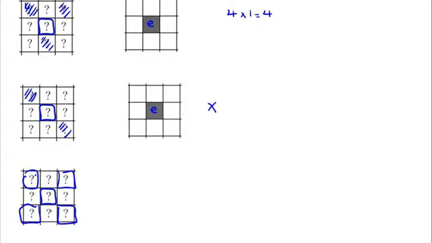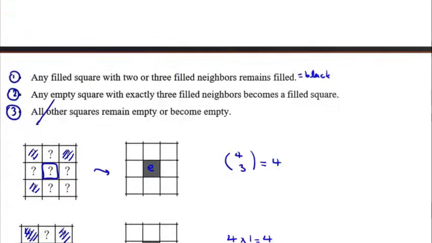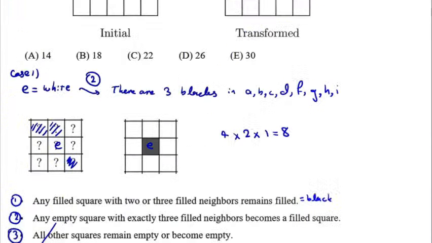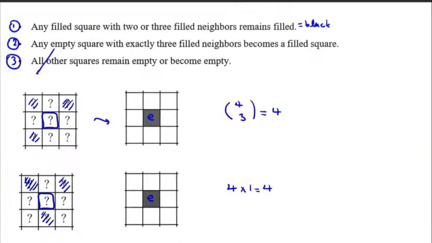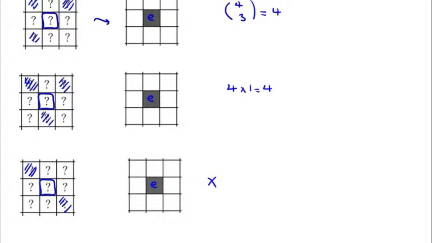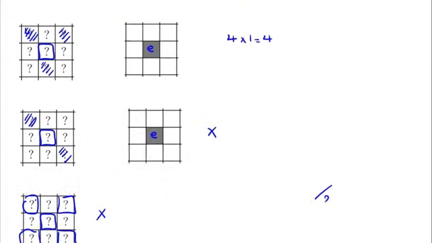Then in these 4 places, you can select 2 blacks. It's not possible to select 3 blacks. So in the case that the mid cell, the center, is white, we calculated 8 here, 4 here, 12 plus 4, 16 plus 4, 20. So 20 in first case.